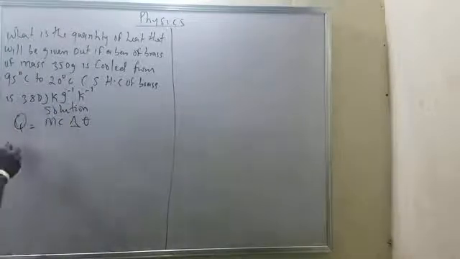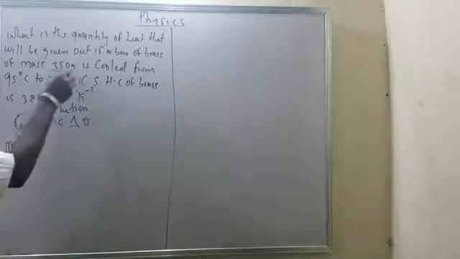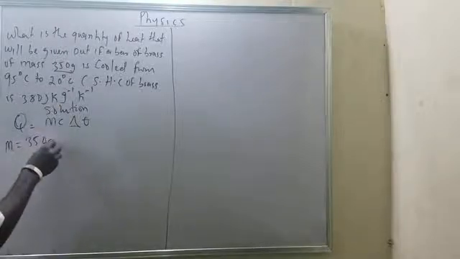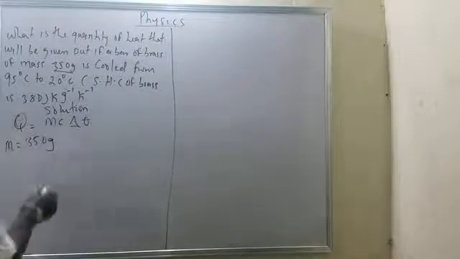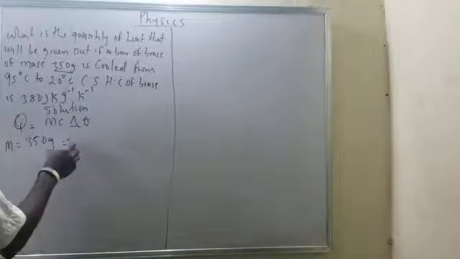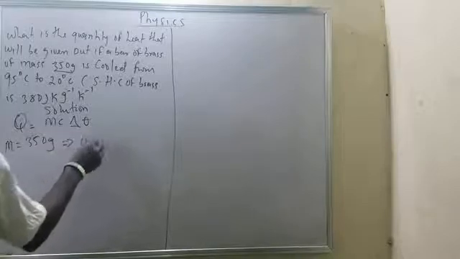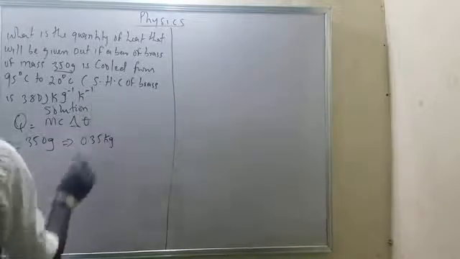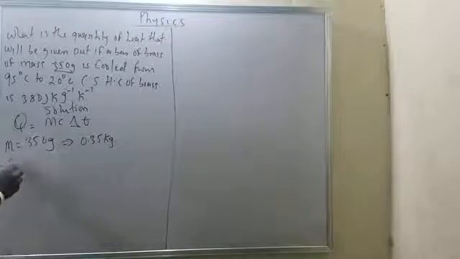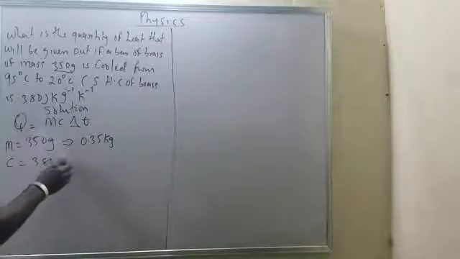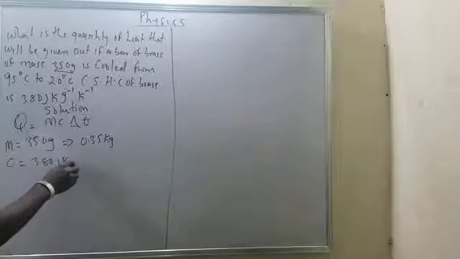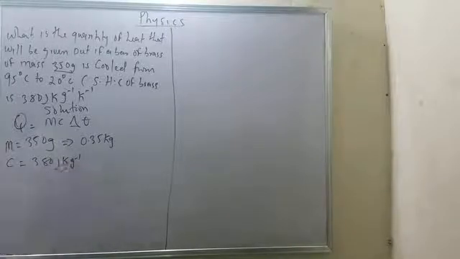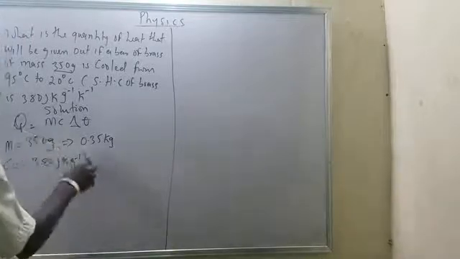Now, my mass from the problem is 350 gram. I cannot use gram, so I have to convert it to kilogram, which implies 0.35 kilogram. Now, my specific heat capacity is 380 joule per kilogram per Kelvin.